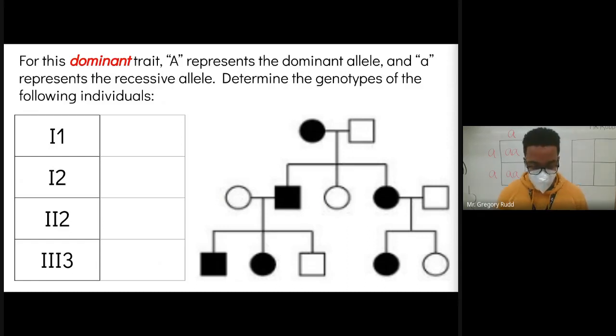So if they are, I'm sorry, let me take a step back. If they are affected and this is a dominant trait, then what are their possible genotypes? Good, thank you, Abigail.